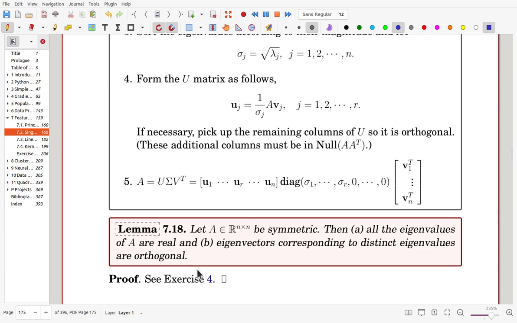That means for two different eigenvalues, lambda 1 and lambda 2, which are not the same, with corresponding eigenvectors v1 and v2, v1 dot v2 is 0. They are orthogonal. You can prove that, and I gave you some hints. Try to solve the problem in exercise 4.